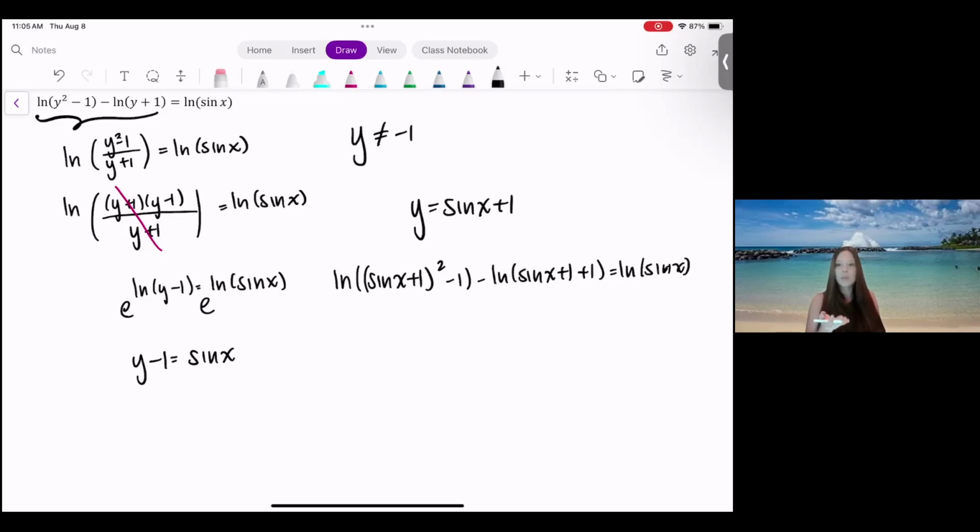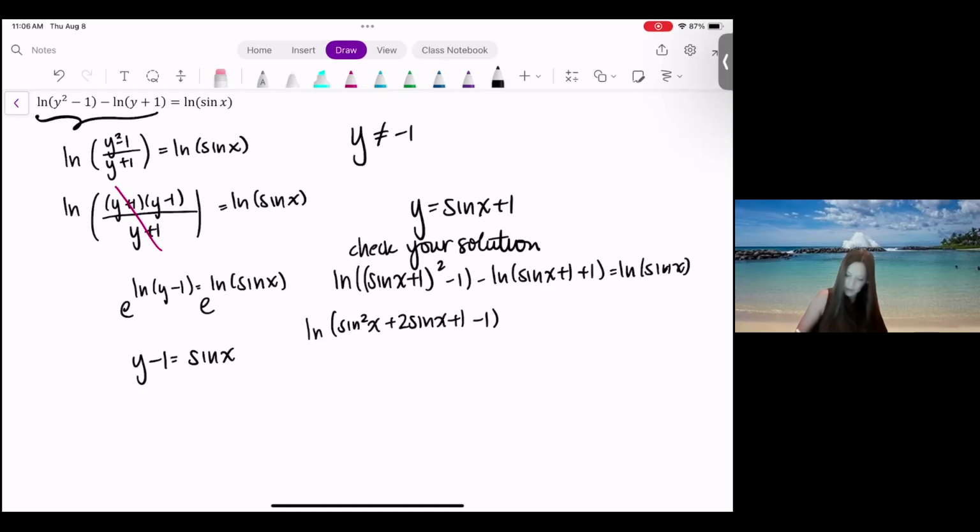Now, you could substitute back in all of your answers to check your work in each of the previous problems, but I'm doing it here because I get something that's a little bit more complex and I just want to double check. Foiling out sine x plus 1 squared, I'm going to get sine squared x plus 2 sine x plus 1 minus 1, minus natural log of (sine x plus 2).